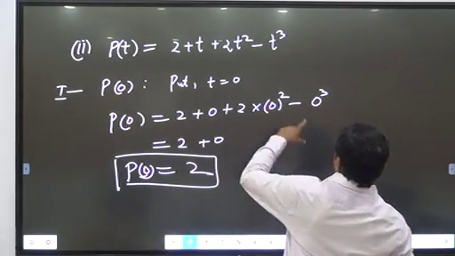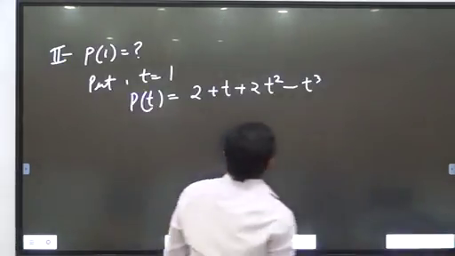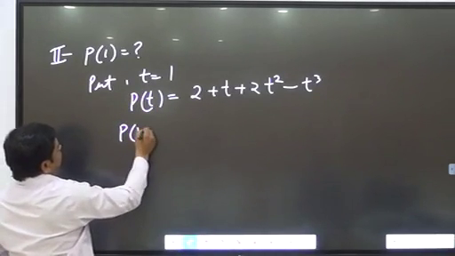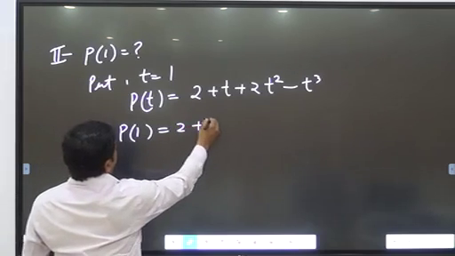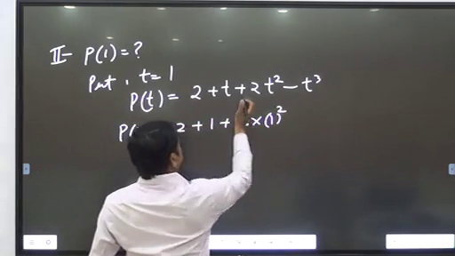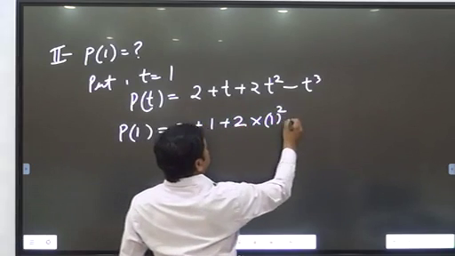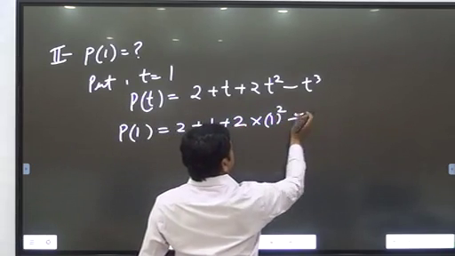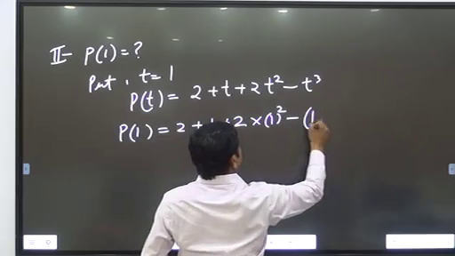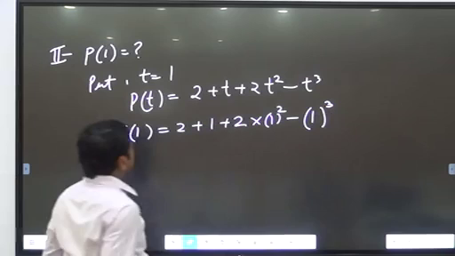Put t equal to 1, and p(1) is equal to 2 plus 1 plus 2 into 1 square minus 1 cube.